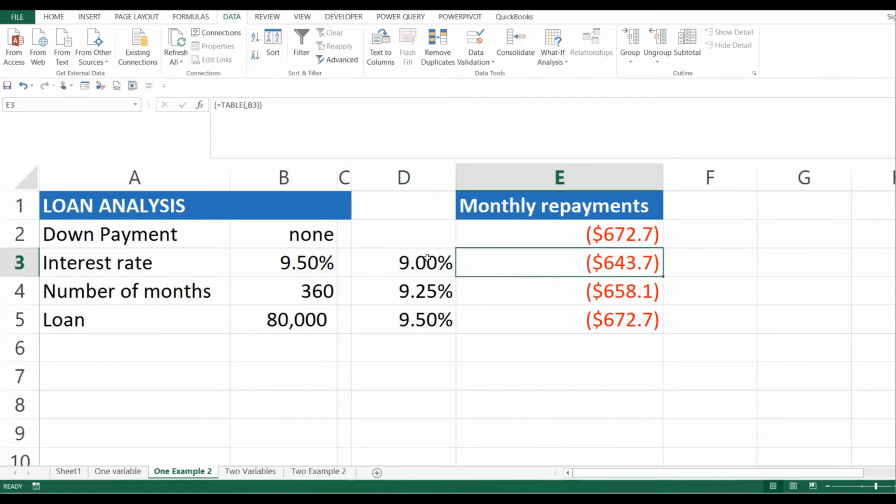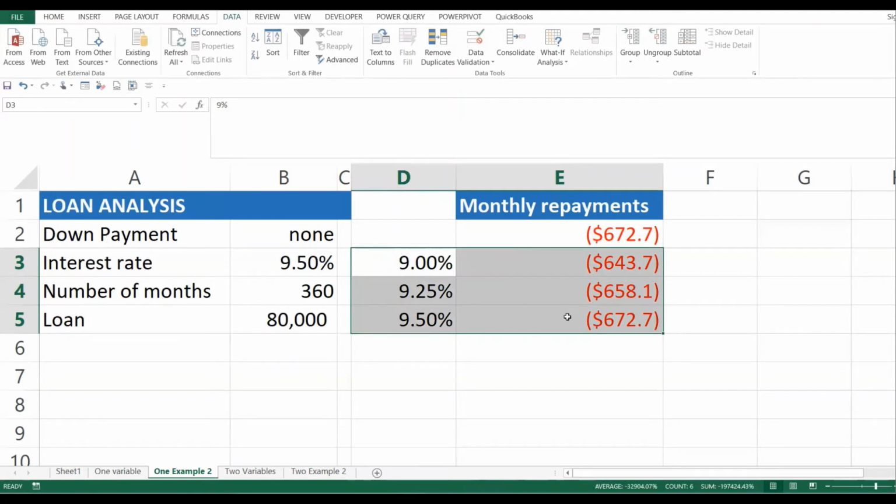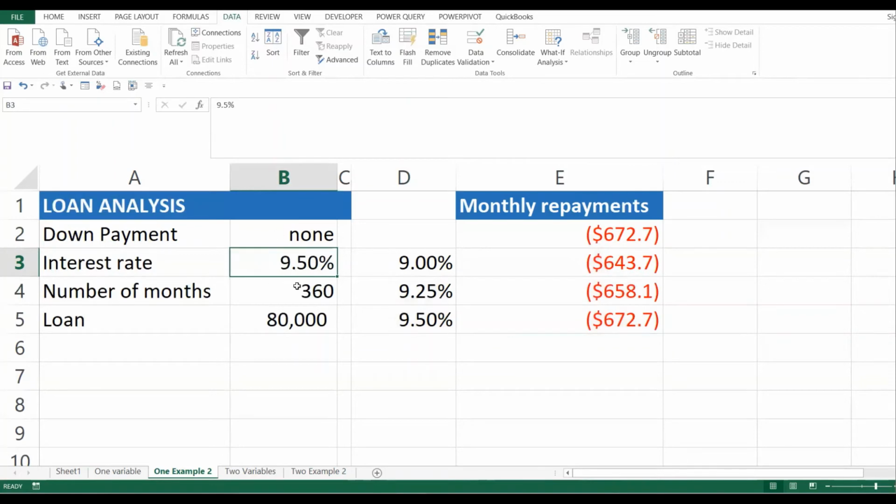So I'm varying my interest rate and getting my monthly repayment in one quick step. This is using one variable, meaning I'm varying only the interest rate, but keeping these two constant. So I've shown you two examples where I vary only one variable and keep two variables constant.